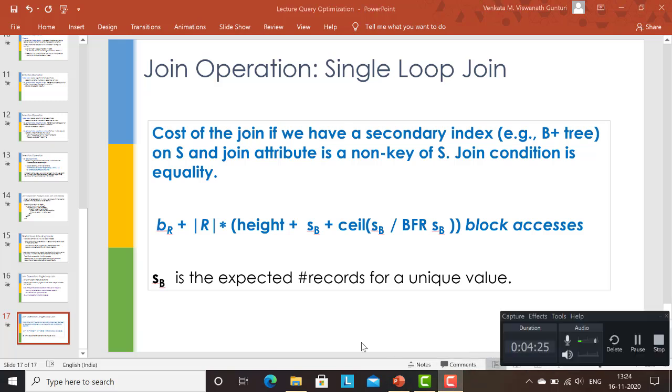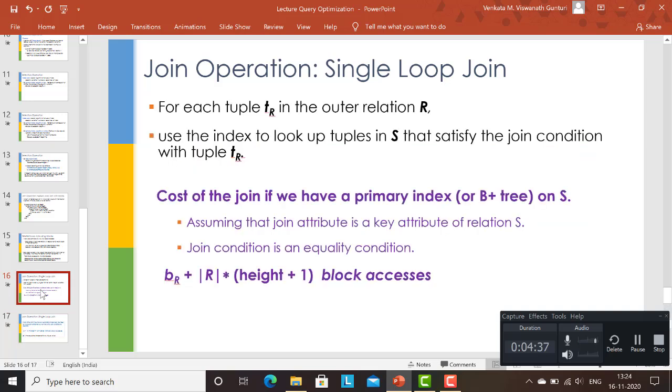One last thing before we wrap up this video is just a brief discussion on how many main memory locations you need for running the single loop join, right? Okay, so let's start from here. We're going to loop over R and then search through this B plus tree, right? And then of course you have to store something in your intermediate result, right?